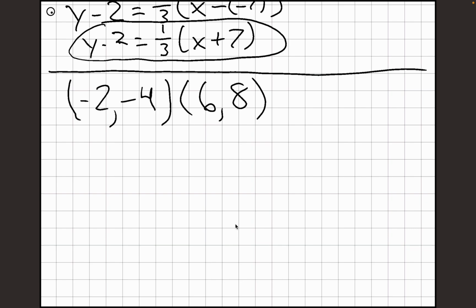So for this one, how are we going to plug this in to solve for our slope? Yeah, Tanner? Yeah, we had to do y2 minus y1 over x2 minus x1. So who can tell me, someone else, how we're going to plug this in? Yeah, Rebecca?